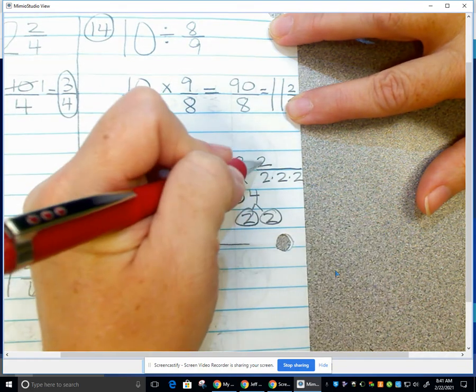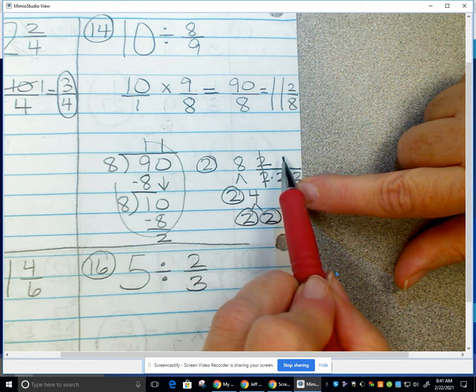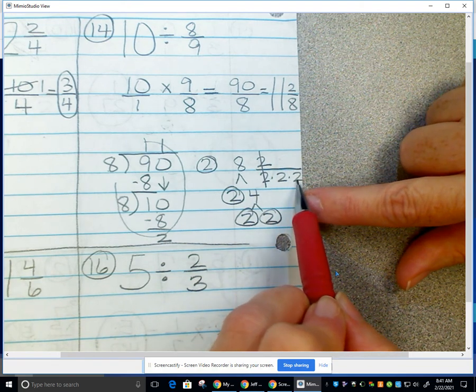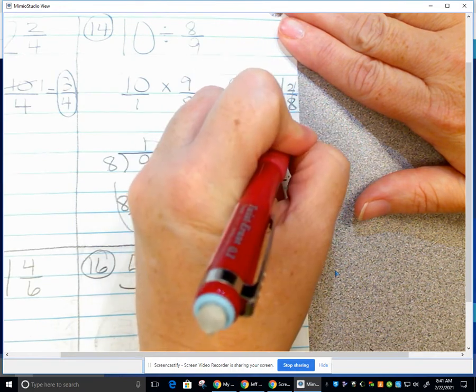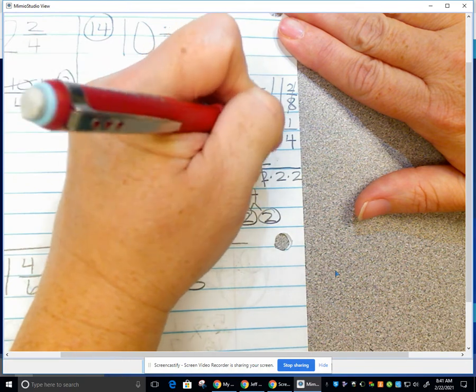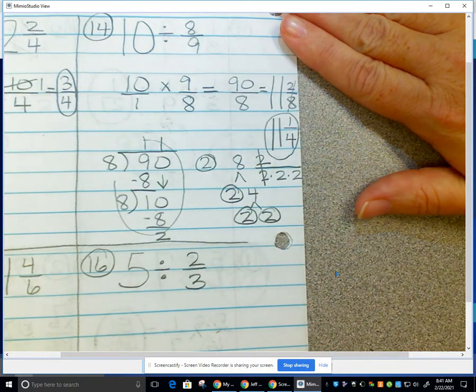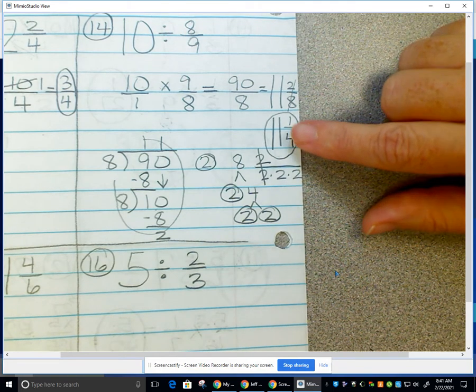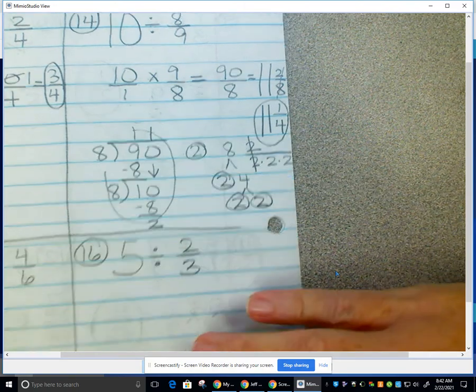Look what matches. The 2's match. And there's an invisible 1 on top. And then I multiply these. 2 times 2 is 4. So that'd be 1/4. So this is going to change to 1/4. But don't forget that 11. 11 and 1/4. And we know that's in simplest form because we did factor trees.